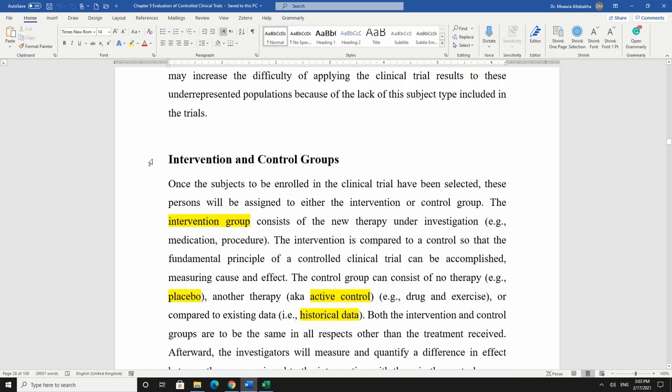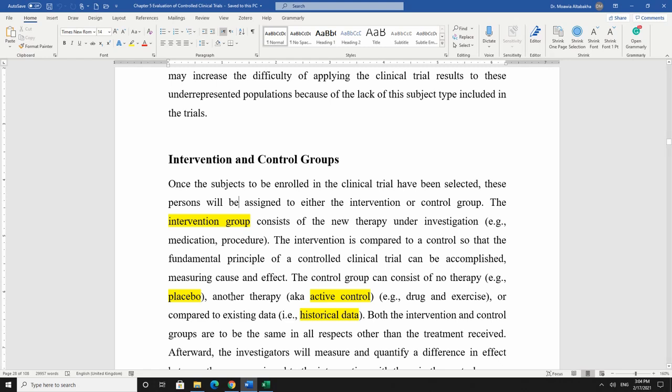Okay, now we will talk about the intervention and control group. Specifically, I'm talking here about the drug, the investigational therapy that you want to use, and the control that you want to use. One of the most important terms in a clinical trial is that it's controlled.